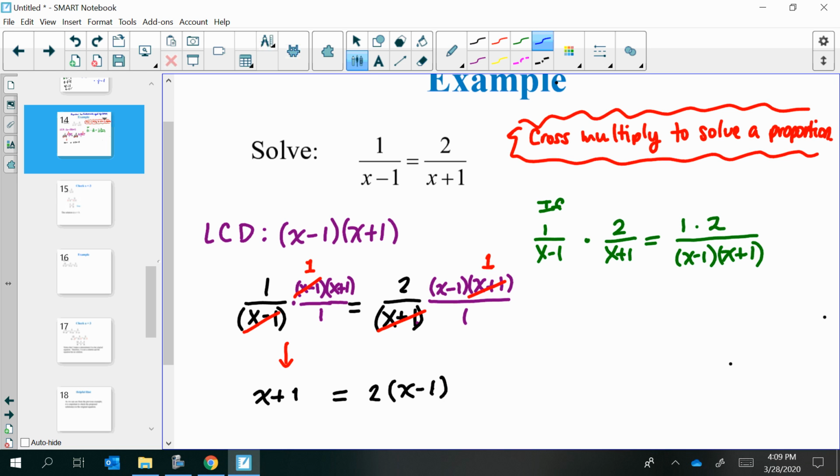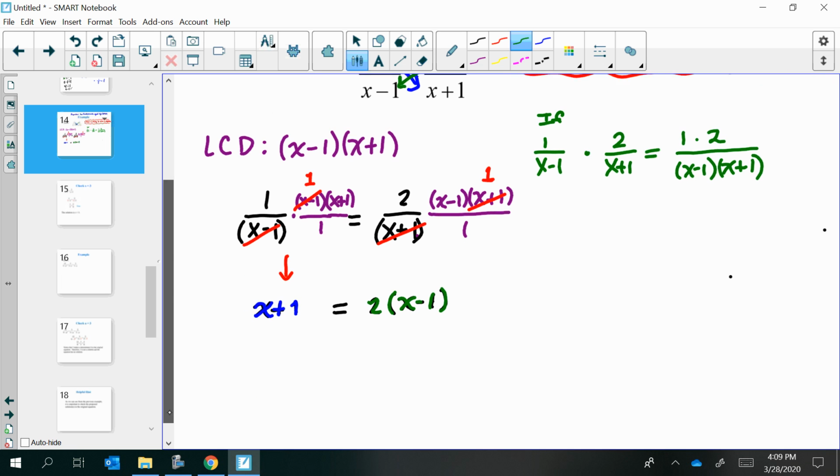If we cross-multiplied 1 times x plus 1 like this, then we would have the left side of this equation. And if we multiplied 2 times x minus 1, then we would have the right side of this equation. So it's a shortcut, and it works nicely. But you can still get here, obviously, by using the approach we've already been using, which is to find the LCD and clear the fractions.